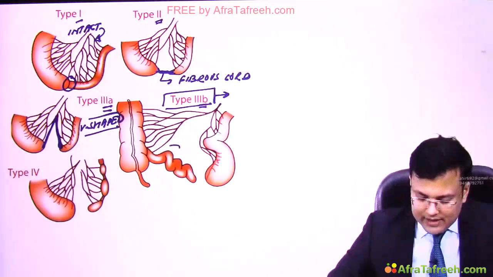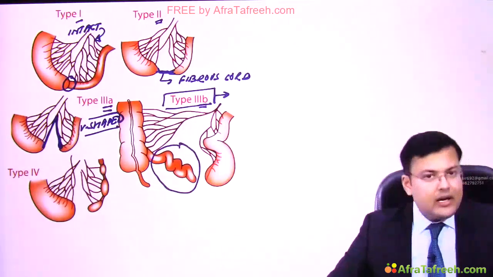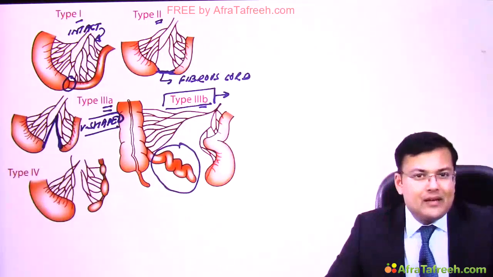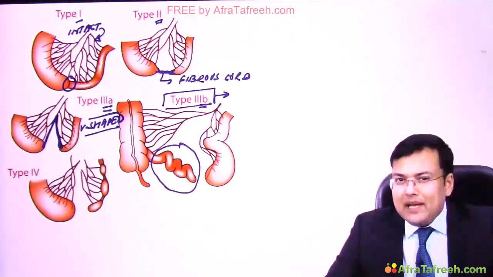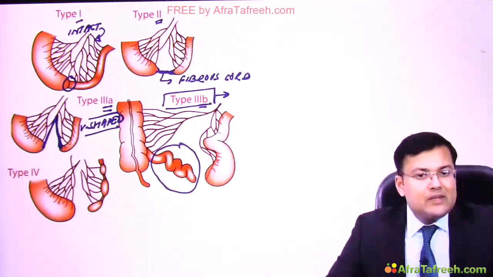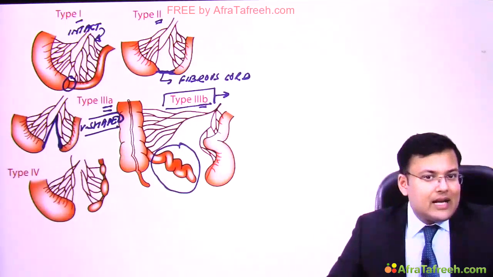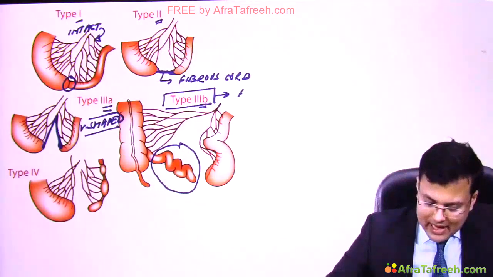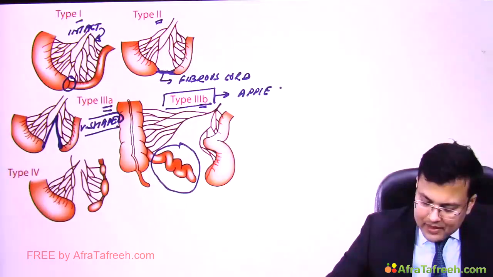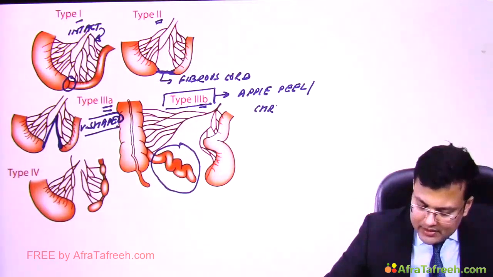Why? Because of its typical appearance. Can you see? It is looking like apple peel. So this is known as apple peel atresia, also known as Christmas tree atresia, and this is type 3B.